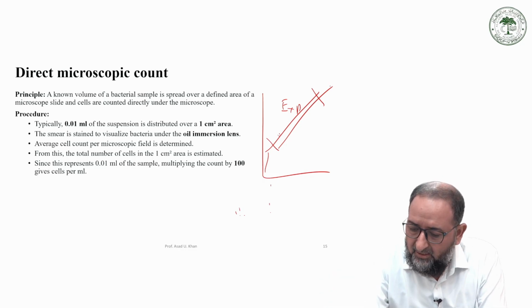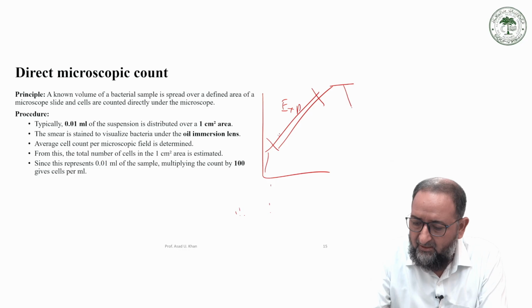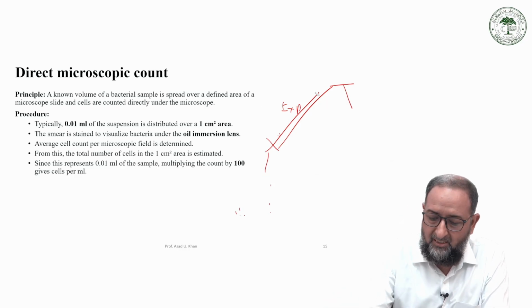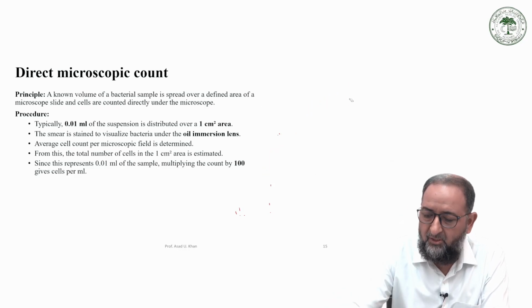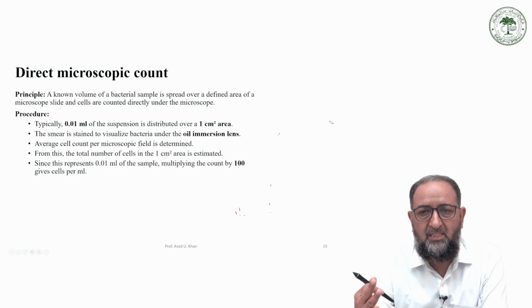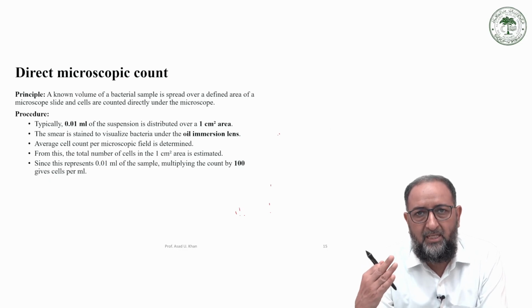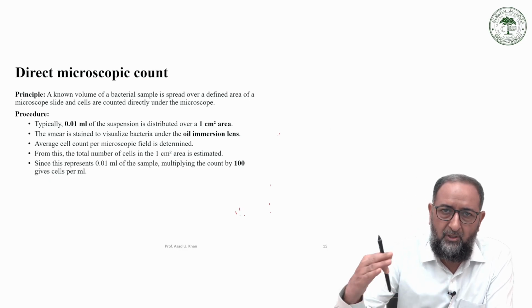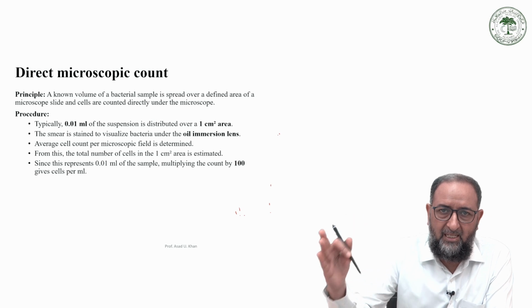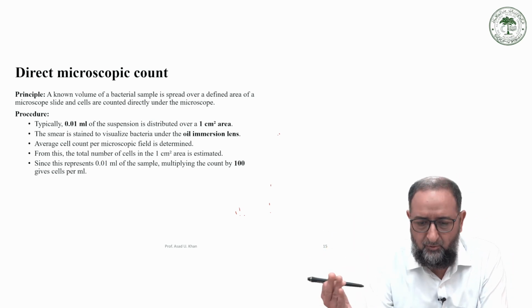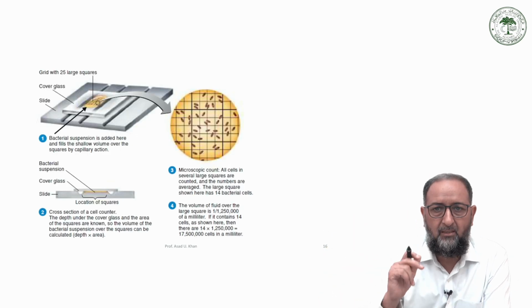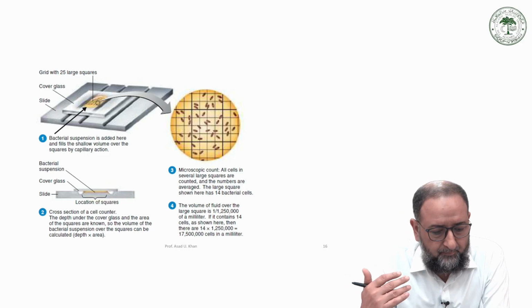But when it reaches the stationary phase or decline phase, you may have dead cells. So if you are taking a culture in the exponential or log phase, you have little chance of dead cells, whereas if you are taking the culture at 12 hours or 24 hours, reaching the decline phase or stationary phase, then you may have some dead cells also.